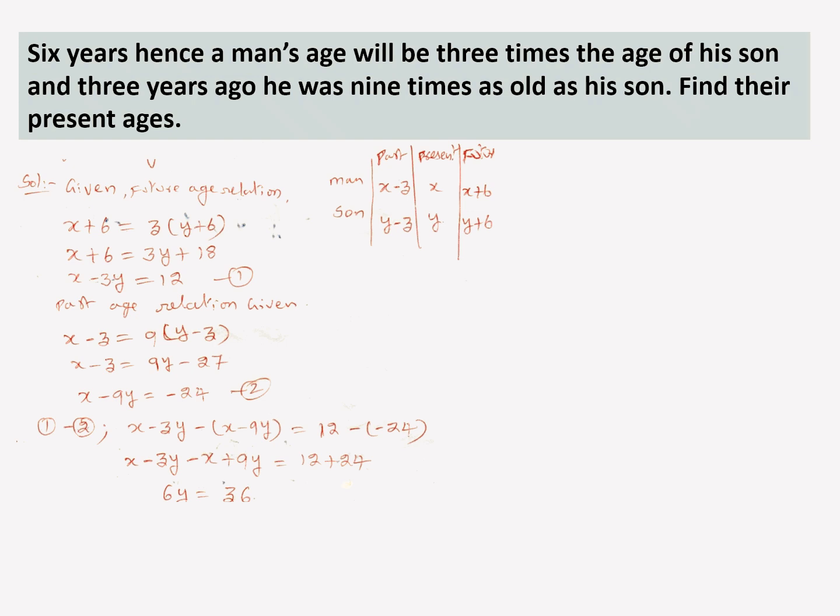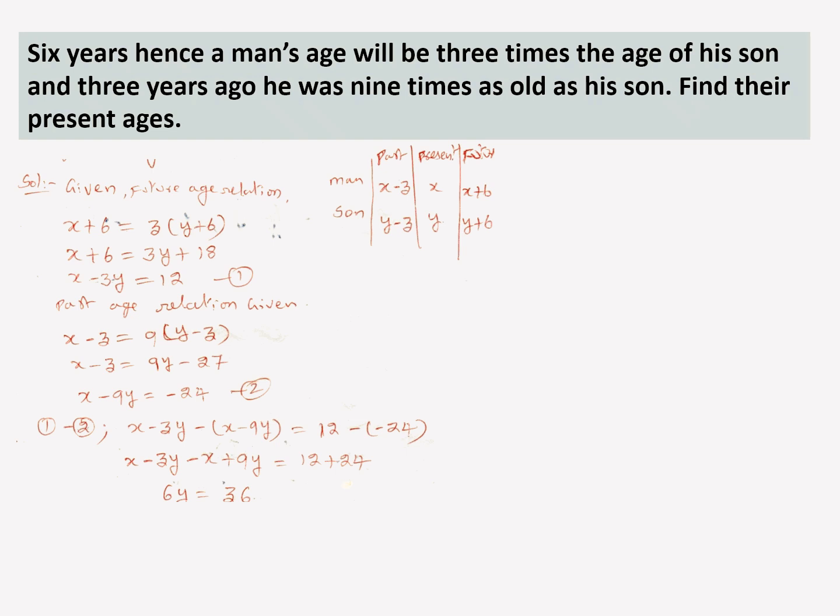By subtracting these two equations, you can eliminate x, then you will get the value of y. So I have taken the first equation, x minus 3y, minus the second equation. So the left hand side of the first equation is x minus 3y, minus the left side of the second equation, that is x minus 9y, equals the right side 12 minus of minus 24.